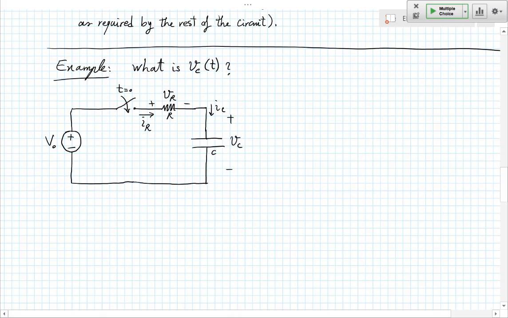And if I say VC of t without specifying any particular range for t, I mean from as far back as you can think of, all the way to as far forward as you can think of, including what happens during that transition.